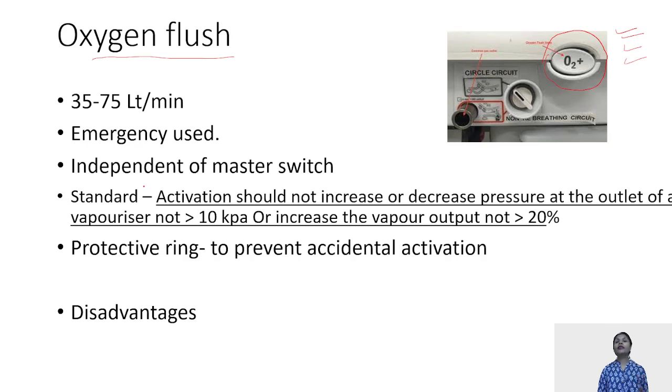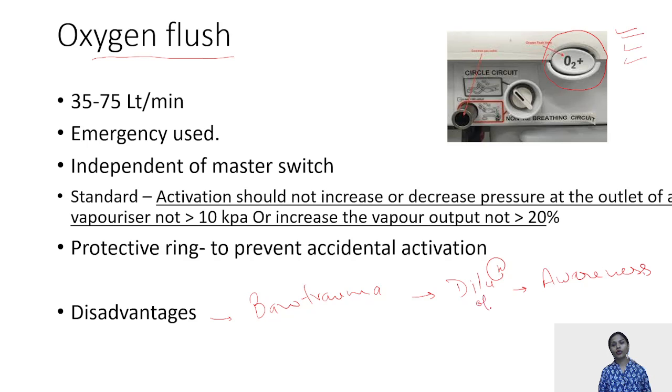Okay, and the disadvantages are quite well understood. You are giving something of such high flow and pressure, it can lead to barotrauma. More than that, it can lead to dilution of your anesthetic gases at the common gas outlet, leading to the problem of awareness.